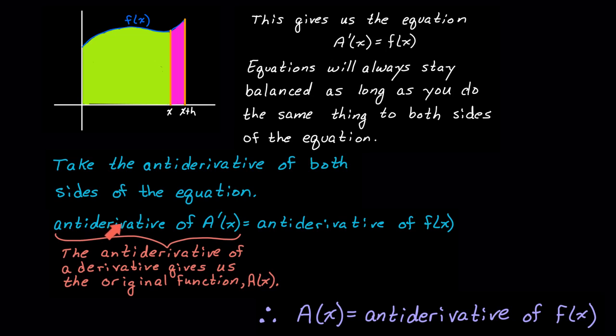Now the antiderivative of a derivative is simply going to give you the original function, A of x, because an antiderivative undoes a derivative. It's kind of like taking the square root of a square or cubing a cube root. They undo each other. All right, therefore, what that gives us then is that this area that we were trying to find is equal to the antiderivative of f of x.